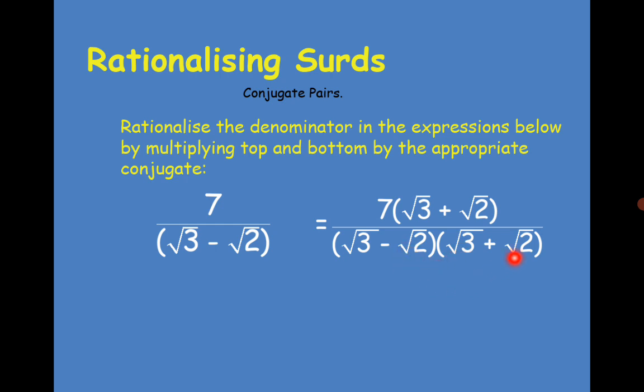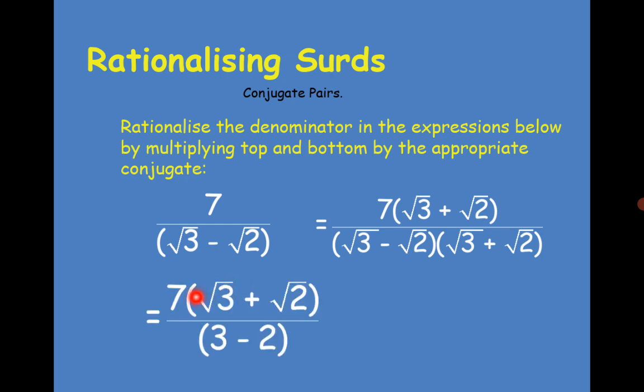Root 2 times root 2 is just 2. So 3 minus 2 is 1. Therefore, the result is simply going to be 7 multiplied by root 7, open brackets, root 3 plus root 2, close brackets.